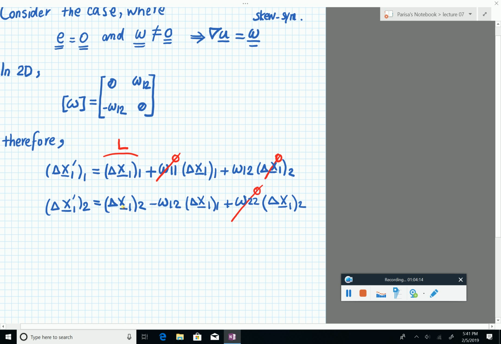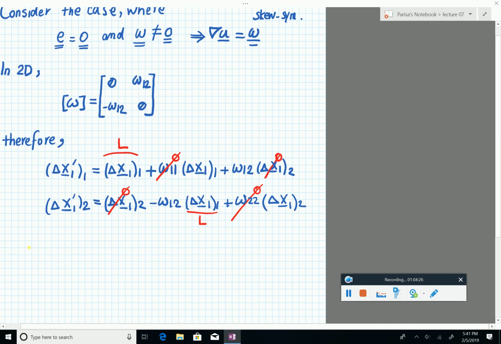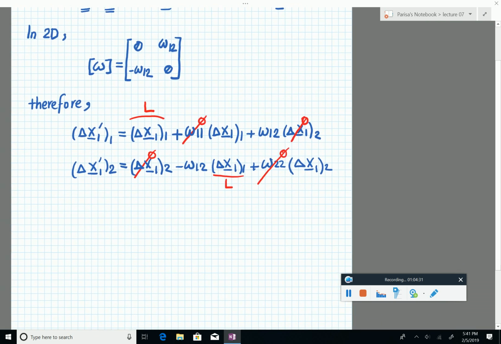And the same here. And this is also L. So, just L, right?